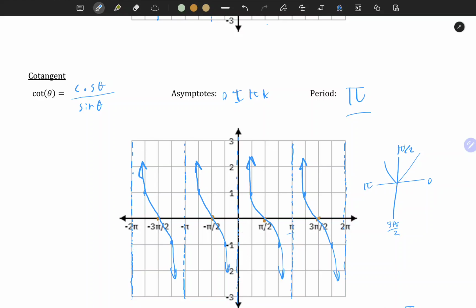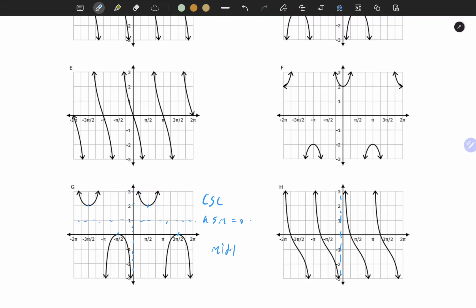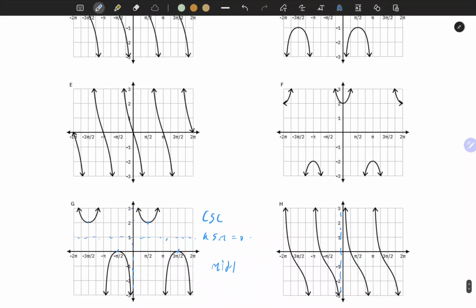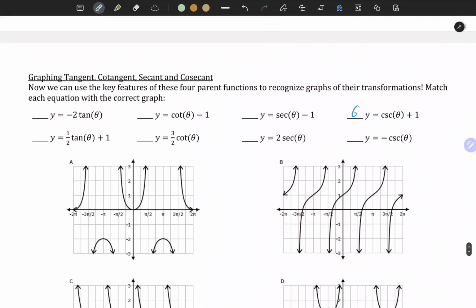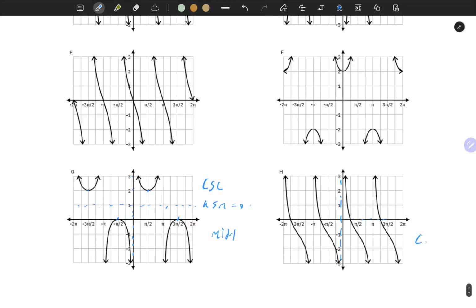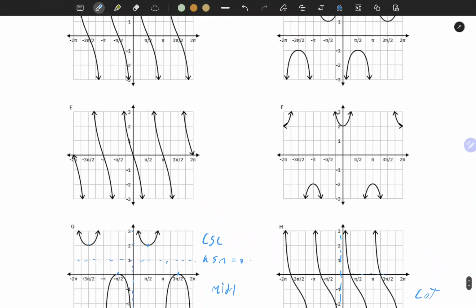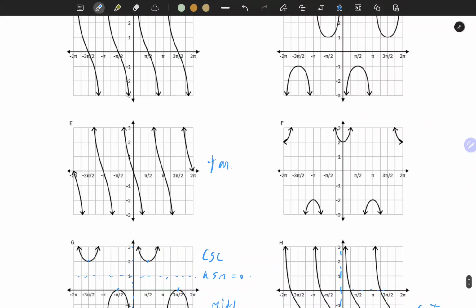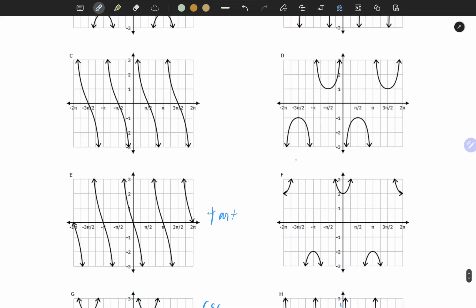Let's go back to the question. Now let's correctly identify this with its correct answer. We see that it has a clear midline of 0, as it's written here. Alright, let's see which one matches. This is cotangent. This is also tangent because it has an asymptote of pi over 2.